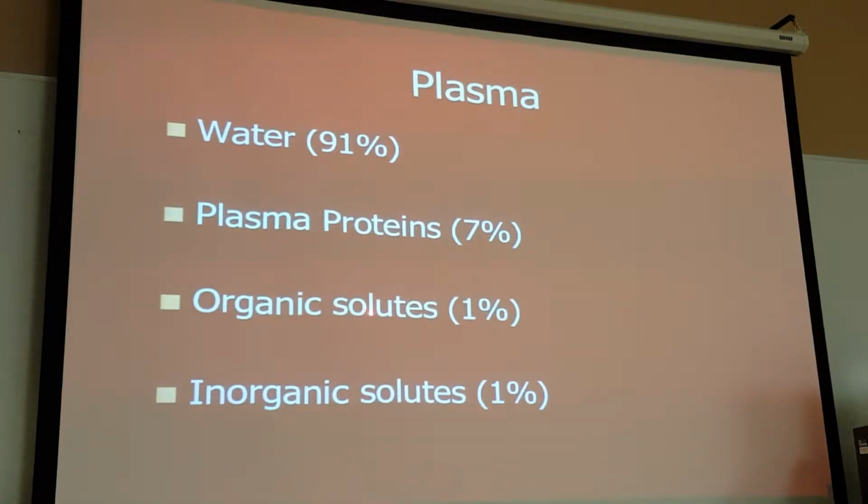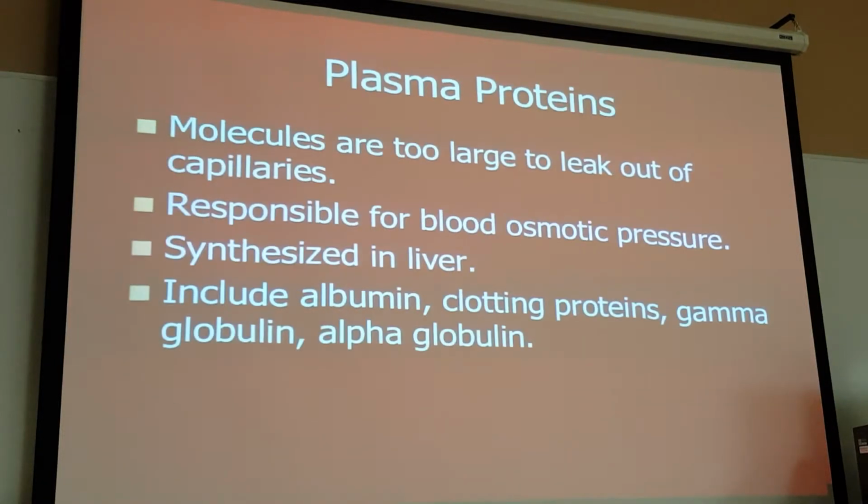Organic solutes like hormones and nutrients, inorganic solutes like ions. Okay, so plasma proteins are responsible for blood osmotic pressure, and there are a whole bunch of important ones. Albumin is there mainly for blood osmotic pressure, but we have clotting proteins. Our gamma globulin fraction is our antibodies, just the circulating antibodies that we have all the time.